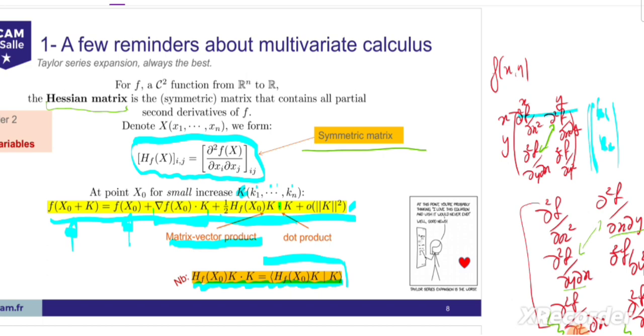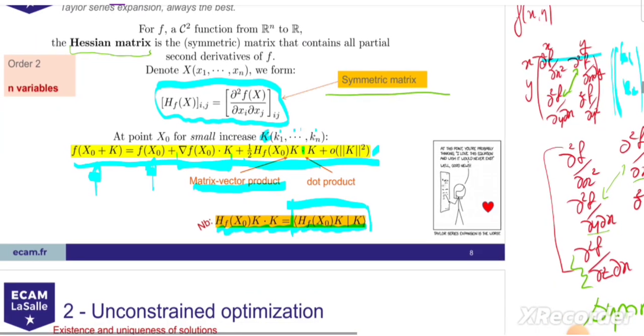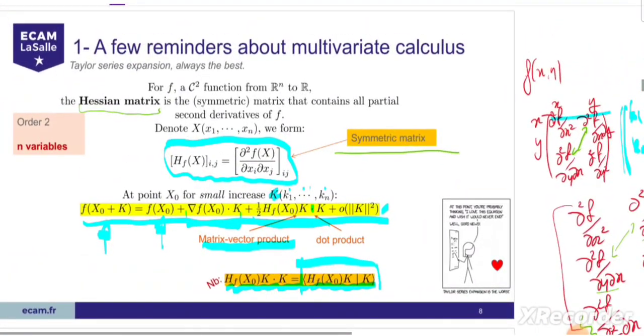Okay, and actually this kind of term here is what is called the quadratic form, and this is going to be of some importance later on. Okay, so this is the end of the reminder about multivariate calculus, and let's begin then optimization.